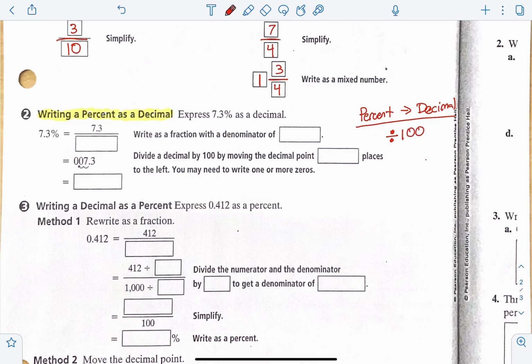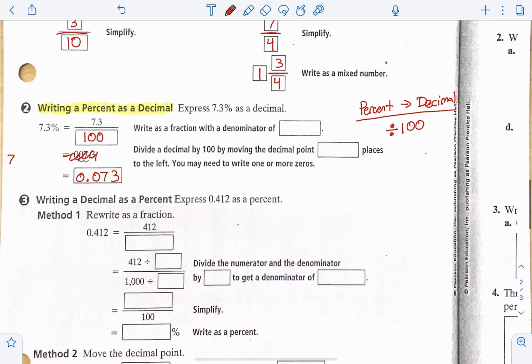To write a percent as a decimal, you're going to divide by 100. So you can write it like they do, where you put it over 100, and then you do the math where you take the top divided by the bottom, and you end up with 0.073.